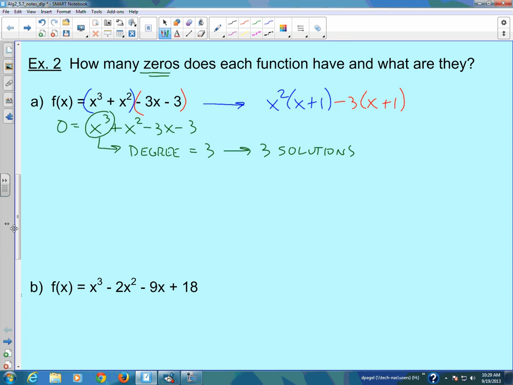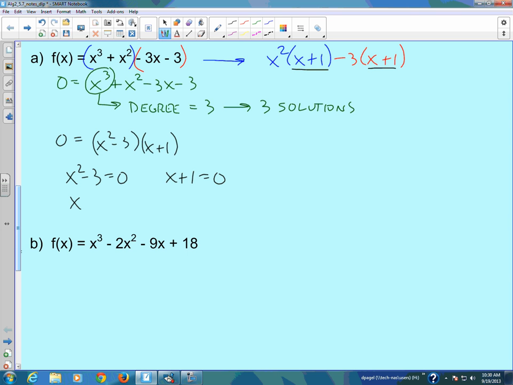So we end up with our common binomial, which means this polynomial can be rewritten as x squared minus 3 times the quantity x plus 1 equals 0, and now we simply use the zero product property to find our zeros. Both of these yield real zeros, so we get 3 zeros, which is the number of solutions we were supposed to have, so all of our solutions just happen to be real in this case.